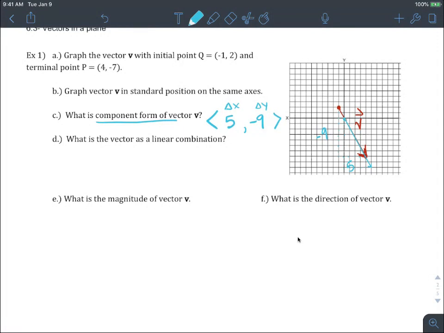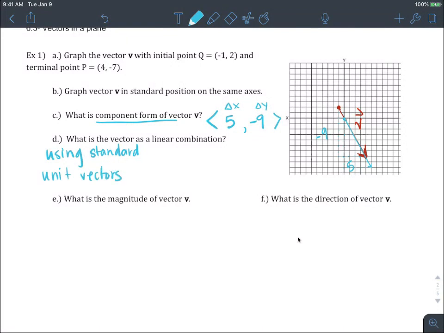Next, what is the vector as a linear combination? A linear combination means that we're going to write our vector using our standard unit vectors.